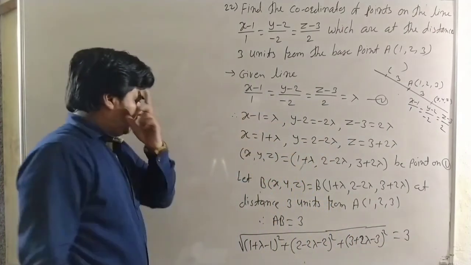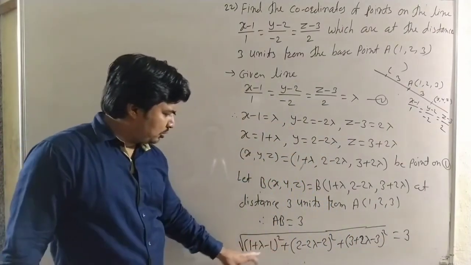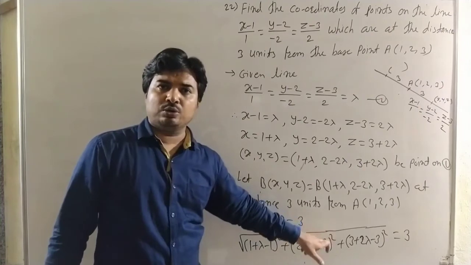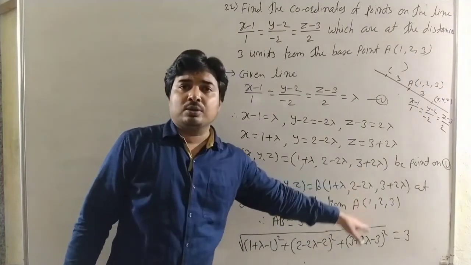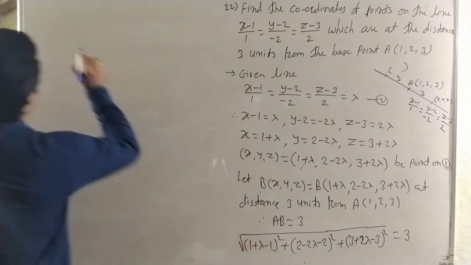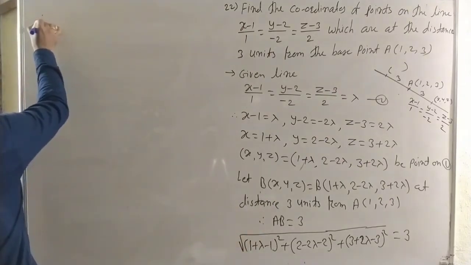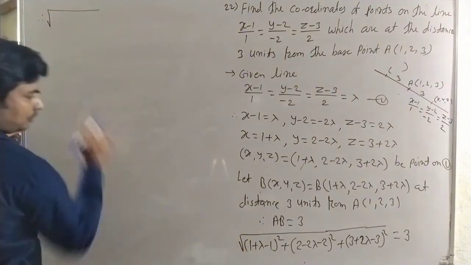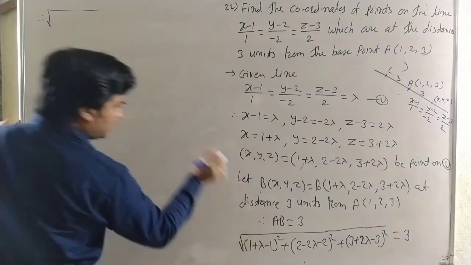Okay, see carefully. By the distance formula, under root of (x2 minus x1) whole square plus (y2 minus y1) whole square plus (z2 minus z1) whole square is equal to 3. Now calculate. It is 1 minus 1.